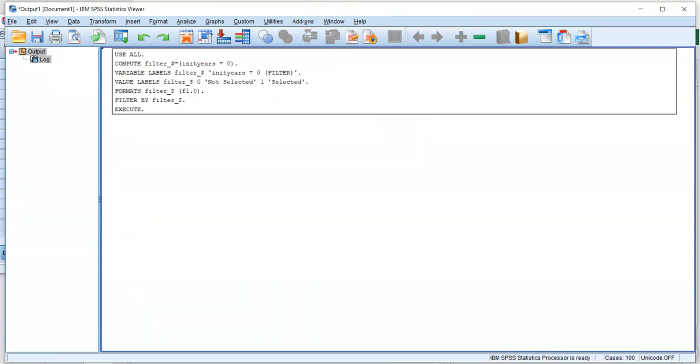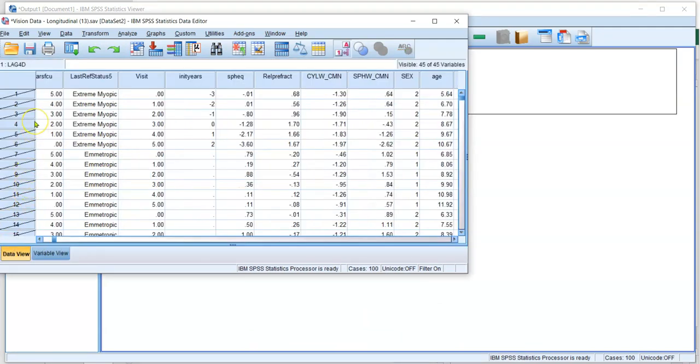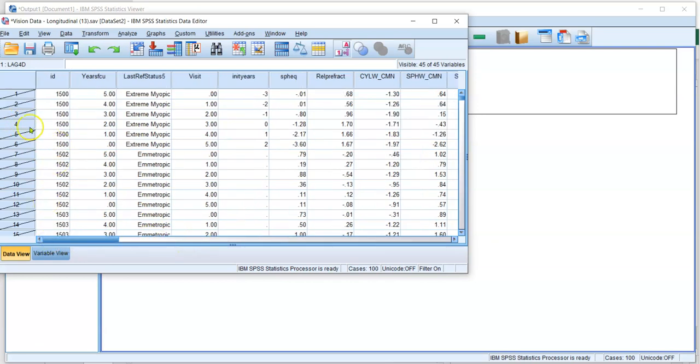when we look at our output data view, we see right here, this is subject 1500 and init years is 0, but everybody else has an X, is slashed out, so we're just getting this row.